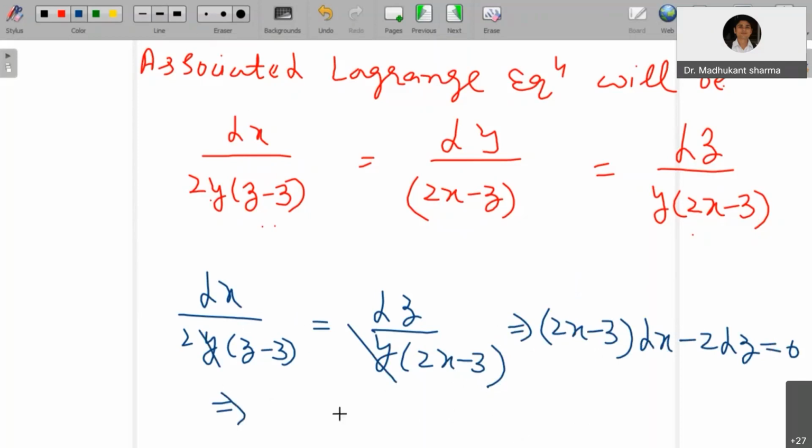On integrating both sides, you will get x square minus 3x minus 2z equals a constant. Sorry, it would be 2 times z minus 3. Okay, thank you. Let me go to the next page.